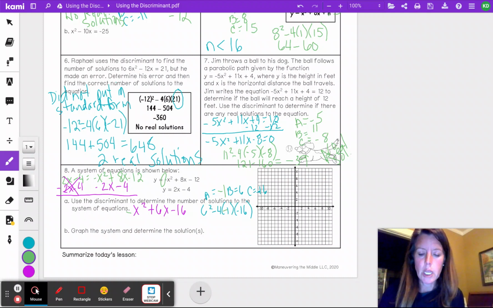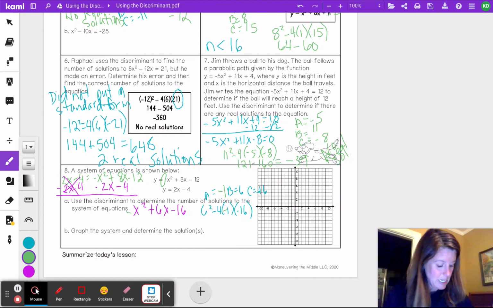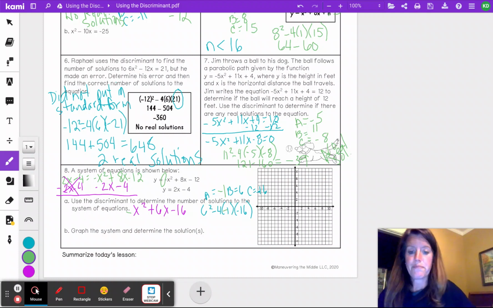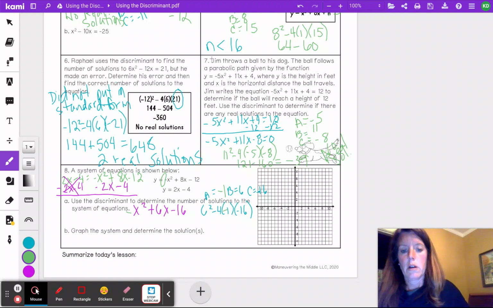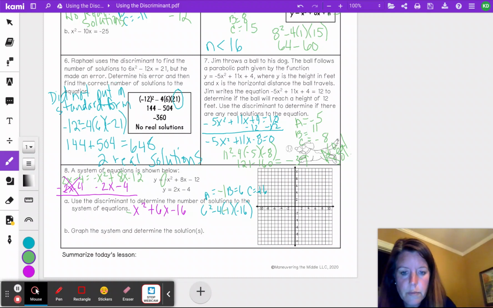Okay. So 6 squared is 36. And negative 4 times negative 1 is positive 4. Positive 4 times negative 16 is negative 64. 36 minus 64, that is negative 28.